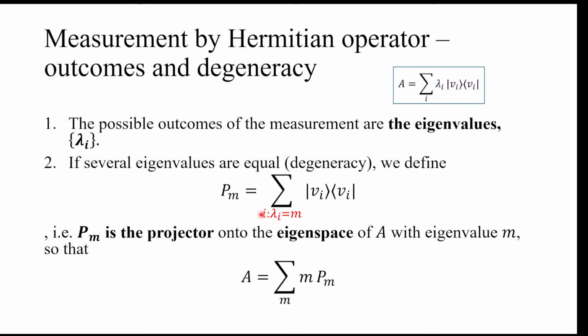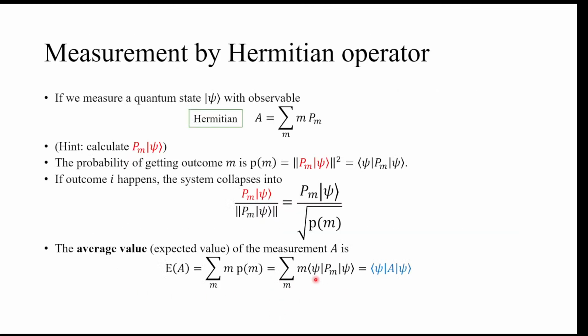And so you have a degeneracy. Instead of getting the outcome Vi, you get the outcome that's projected by this Pm. So we're going over a little bit. However, with degeneracy, we can write A as the sum over different eigenvalues m and the projectors onto the different eigenspaces.